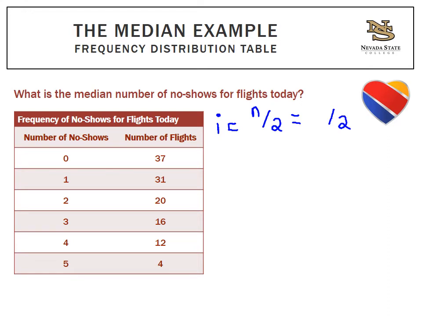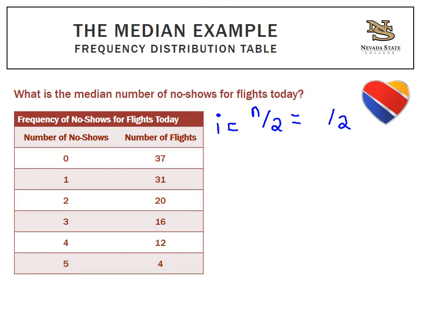Well, remember back when we talked about the weighted mean when we were looking at frequency distribution tables, the way that you figure out the sample size is you add up the frequencies. So in this situation, we are looking at the number of no-shows and then how many flights had that number of no-shows.